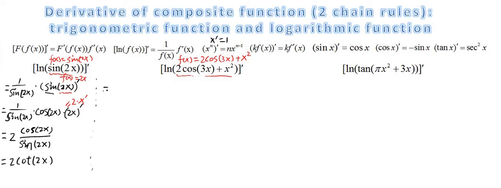We have 1 over f(x), which is 2 cosine 3x plus x squared, times the derivative of f(x).